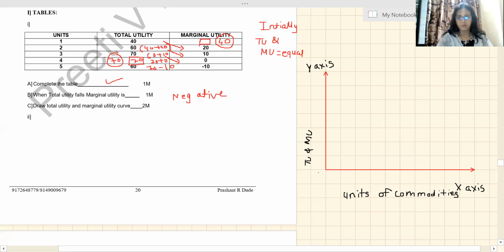Okay. Now what I will do here, origin, how many units are there? 5, 1. And remember students, many times what happens, you do whatever you have highlighted from the textbook, don't do that. Now this question is totally based on the table, graphs, diagrams, passage. So we have to consider whatever has been given. See, in this table they have given us 5 units of commodity. So at 1 centimeter intervals I have marked 5 units of commodity on the x-axis and TU, MU.